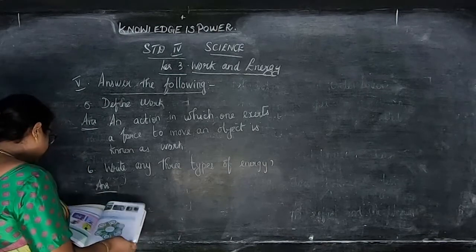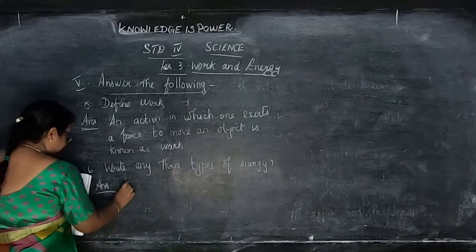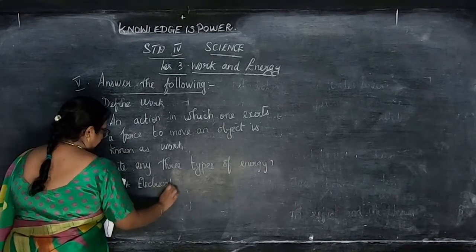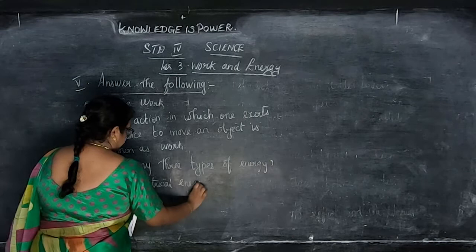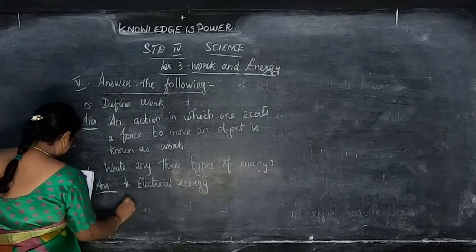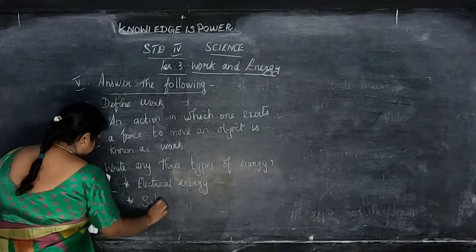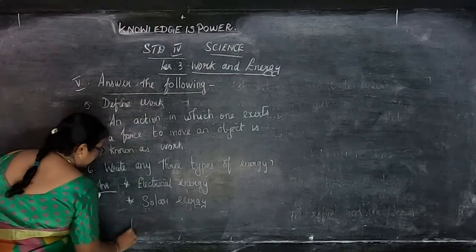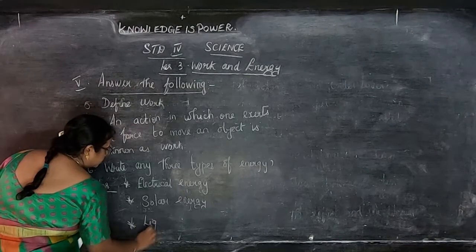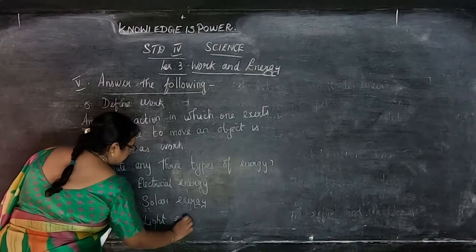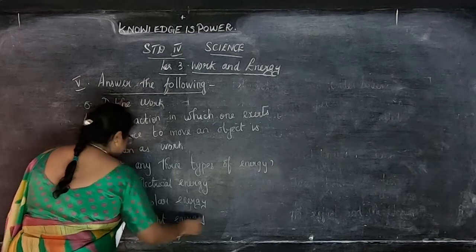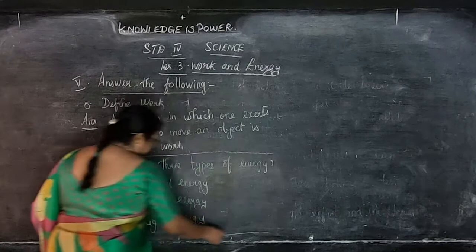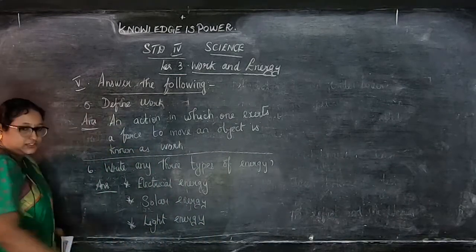That is, you have electrical energy, then next you can write solar energy and light energy. There are many types of energy, children. They have asked only 3. So you are going to write only 3 energies: electrical energy, solar energy and light energy. There are other types of energy also, but these you are going to write.